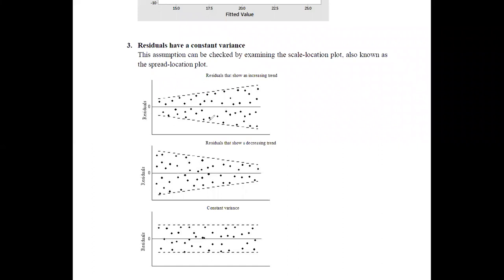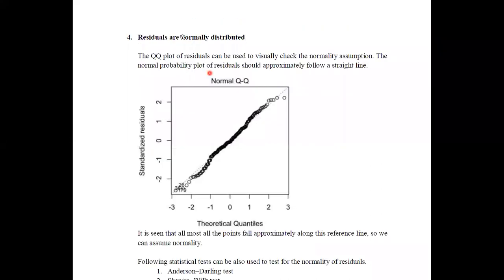And the last thing that we need to test under this model assumption is the normality of the residuals. To check the normality of the residuals, you can simply obtain the QQ plot. To obtain the QQ plot, we plot the standardized residuals versus the theoretical quantiles.